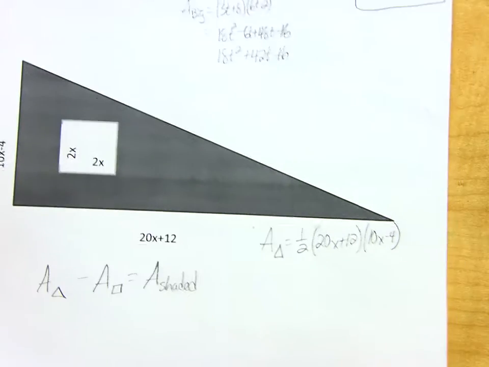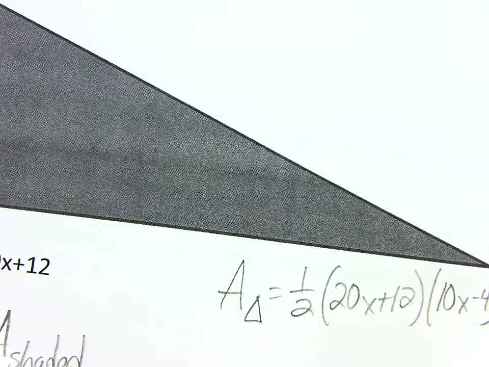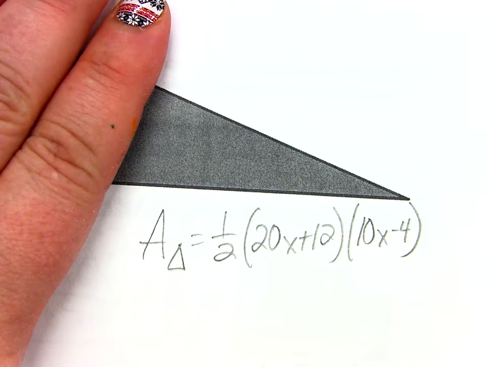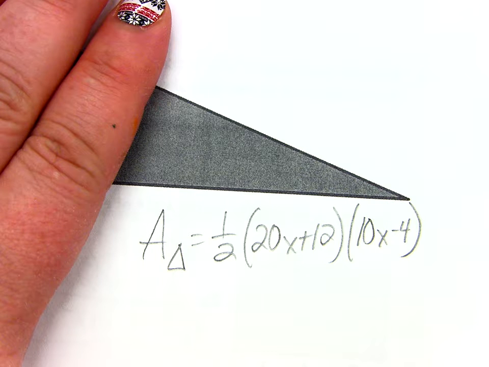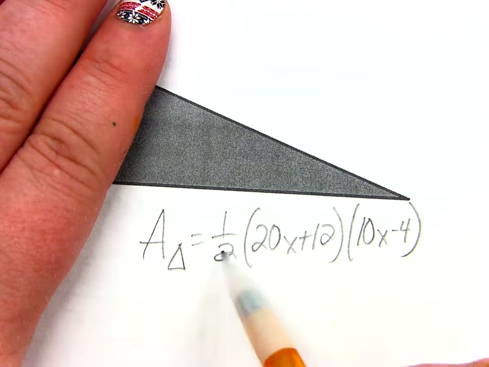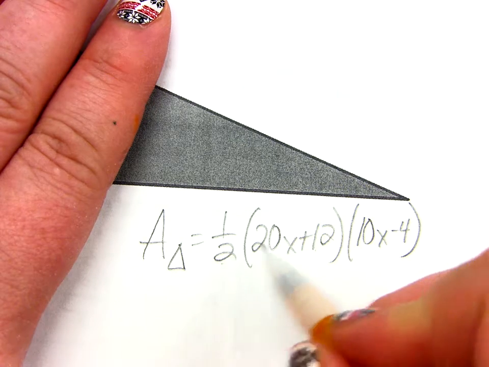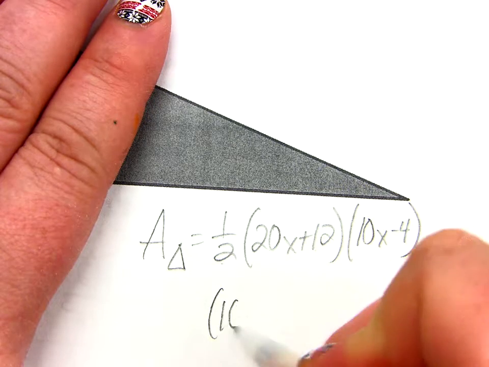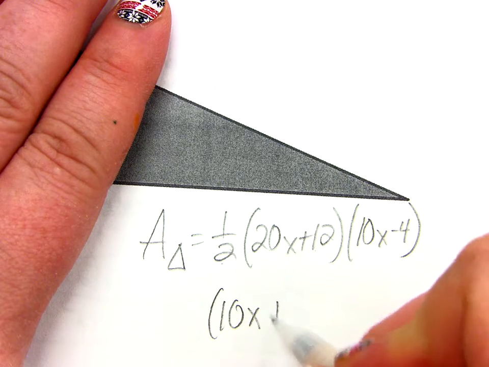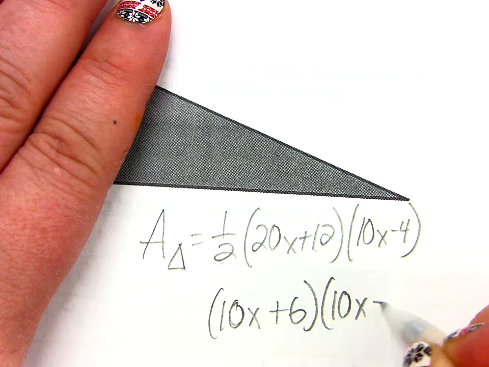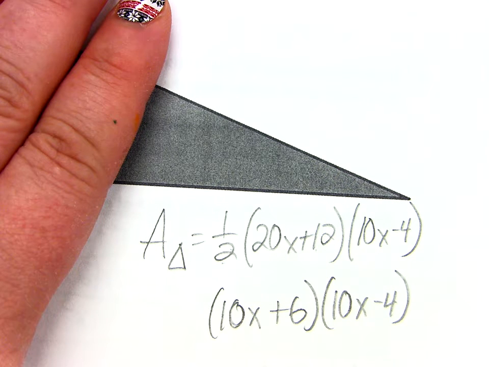Now, how in the world do you propose we multiply these three things together? You can distribute. I can do 1/2 right into that, and it'll actually work out pretty nicely. 1/2 times 20 is 10x, and 1/2 times 12 is 6. So I can now just FOIL these two, and I'll have the area of my triangle.